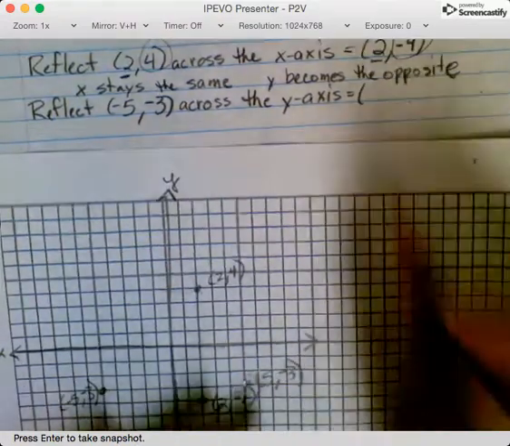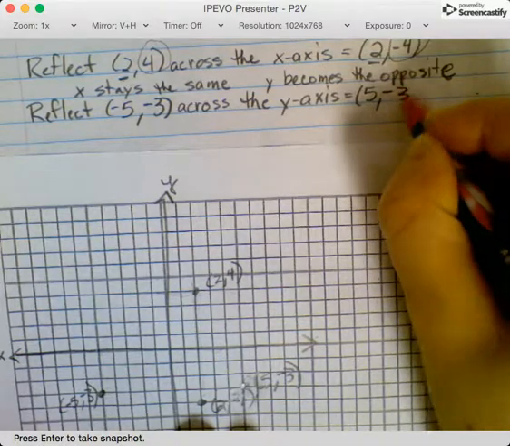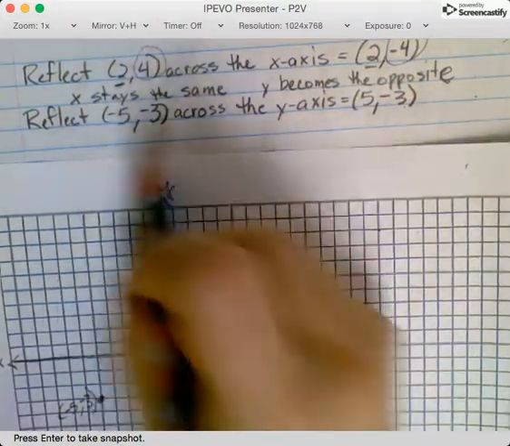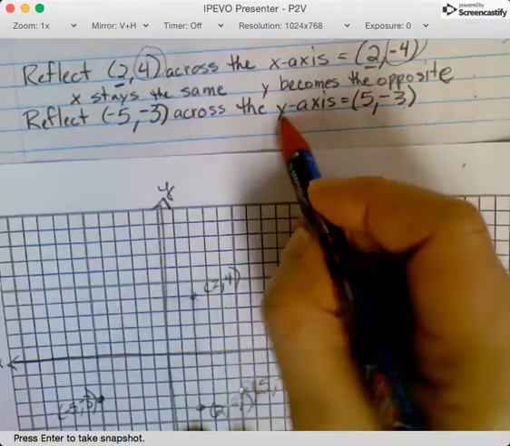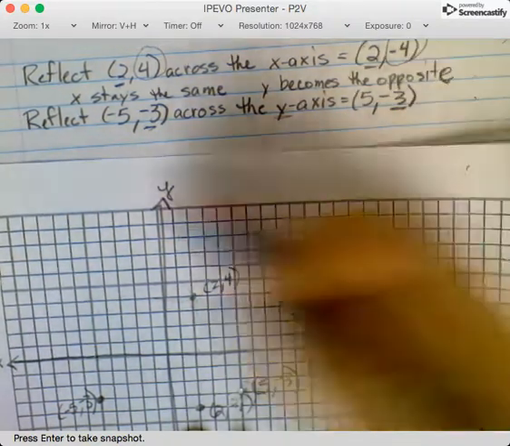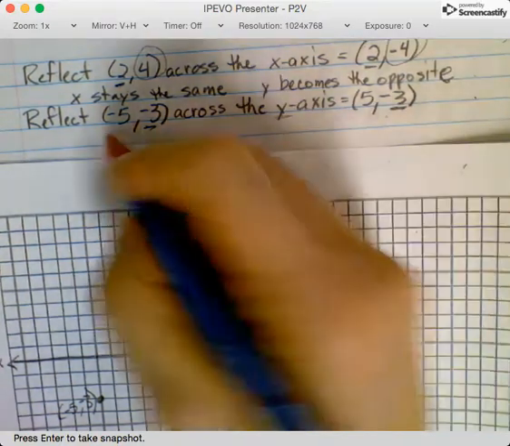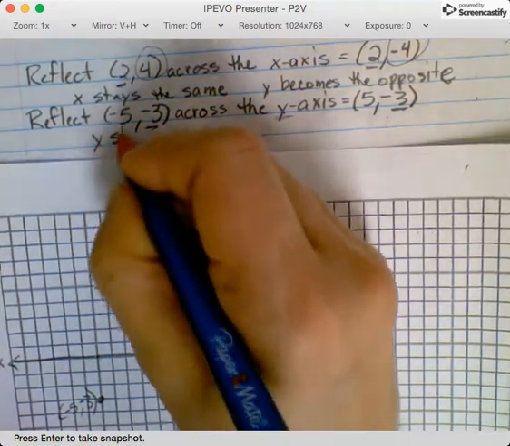So this time, I look at my numbers, and if I go across the y-axis, this is the y, which is the second value, x, y. Second value stays the same. So the y stays the same this time.